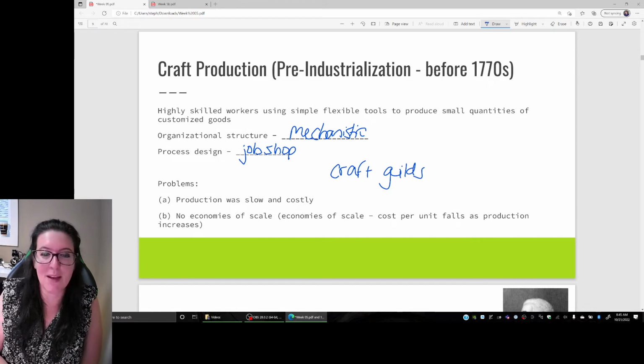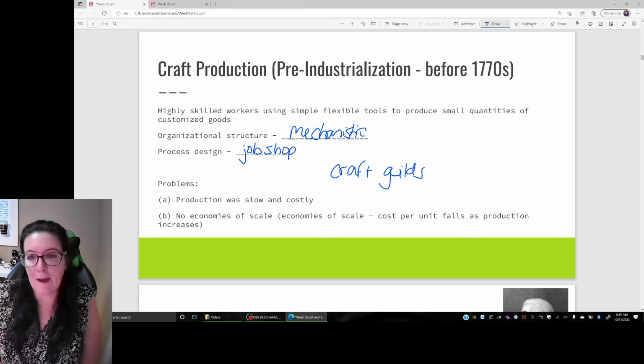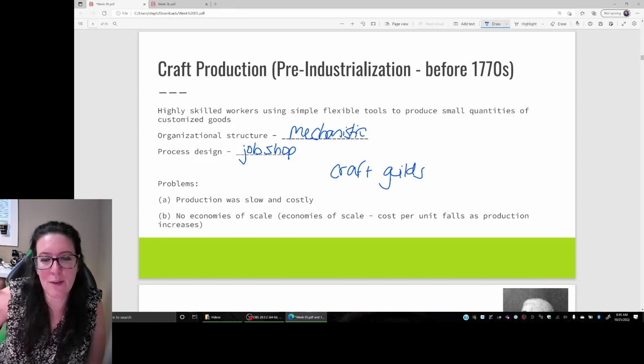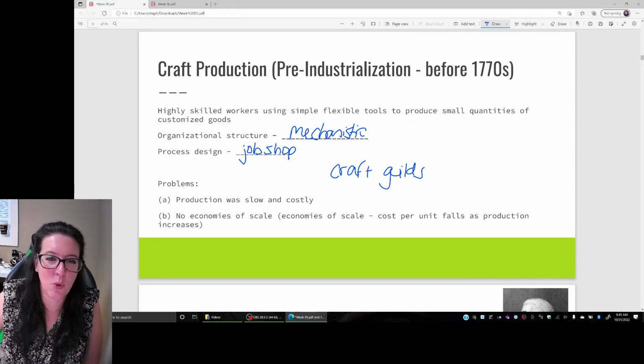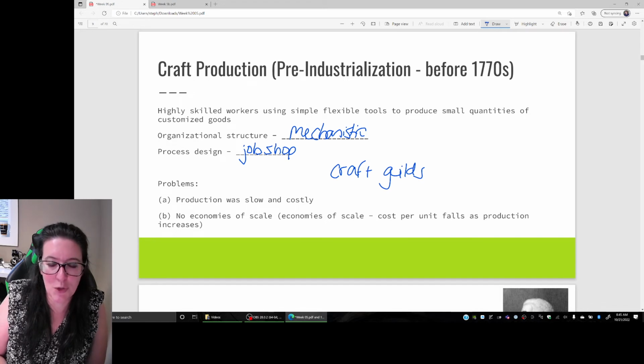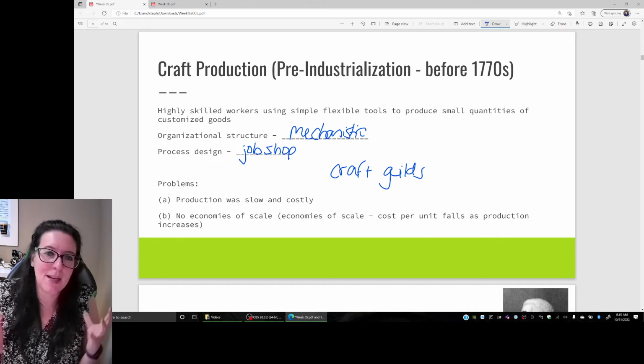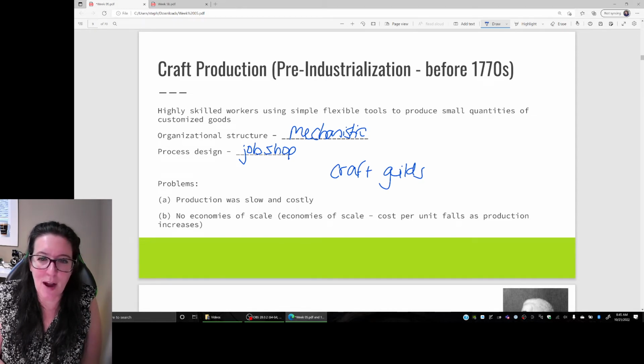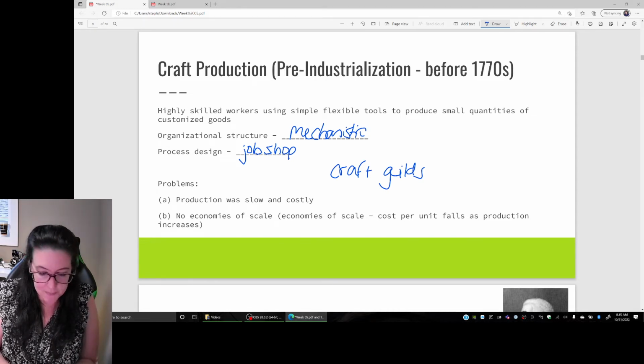There are things the apprentice is allowed to do, and it's very structured. Okay. So at the time, the roles were much more mechanistic. As we evolve over time, we'll see a movement towards more organic organizational structure. But we did have highly skilled workers producing small quantities, high variety, so it was more of a job shop.